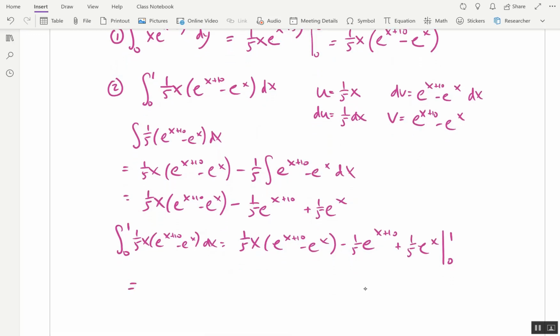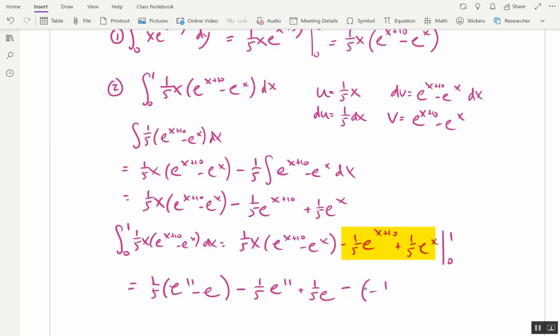Okay, when I put in 1, I get 1/5 e to the 11 minus e to the 1, which is just minus e, and then I get minus 1/5 e to the 11 plus 1/5 e to the 1. And then when I put in 0, this part gets all canceled out because x is 0. But this part doesn't.